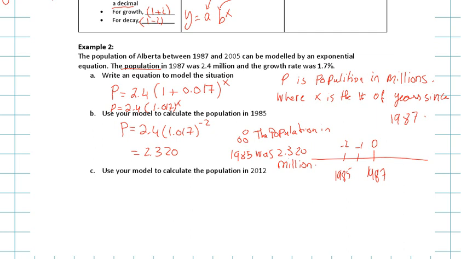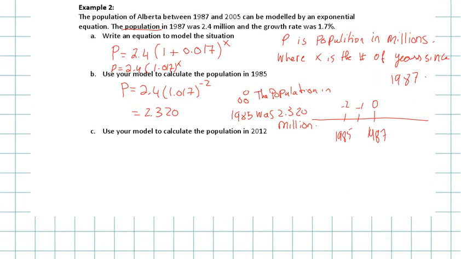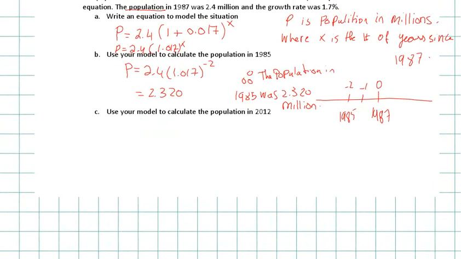Use your model to calculate the population in 2012. What do you do? 15. Correct. And why 15? Are you sure it's 15? No, it's 25? Right? Because 2012 minus 1987, that's 25 years, right?